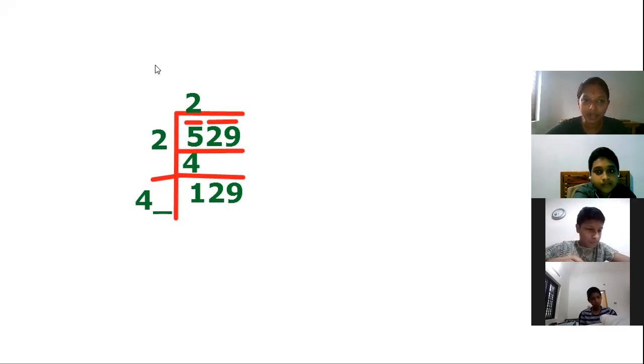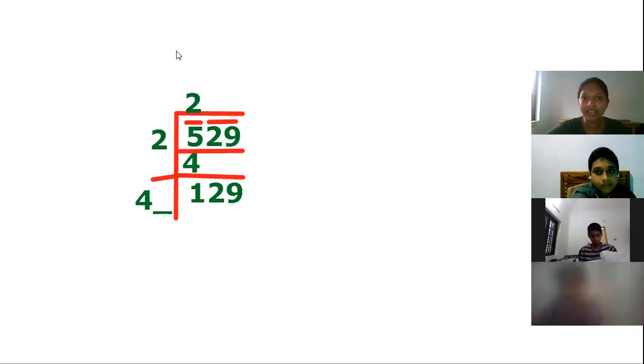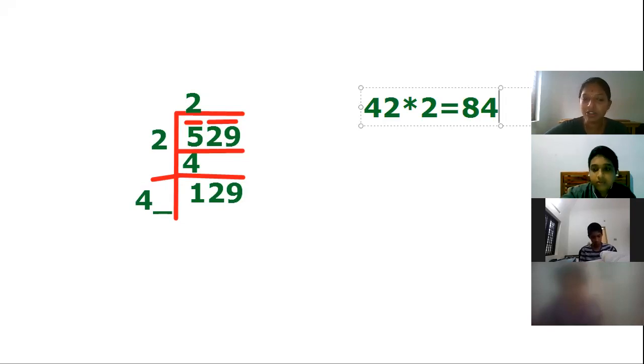If we choose the number 2, then what is the product of 42 and 2? It is 84, which is not 129. Then we choose the next number, 3.